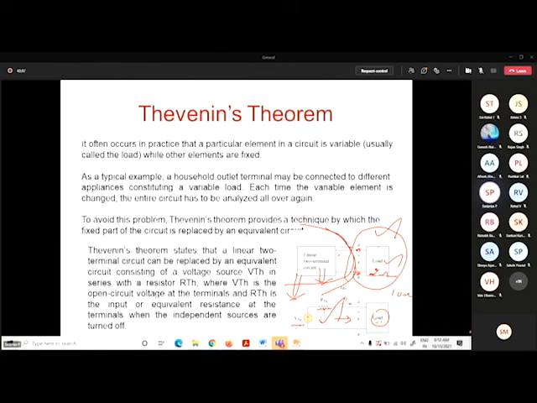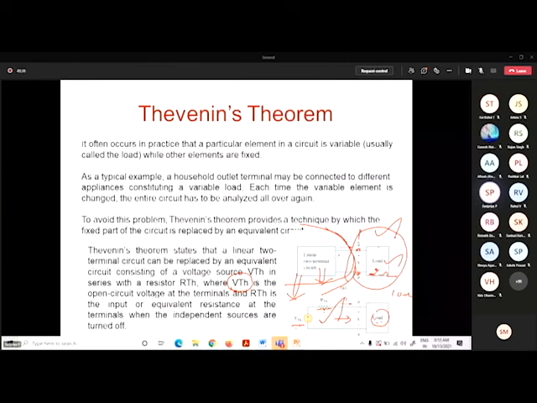This is nothing but Thevenin's theorem. Now, how do I find the Thevenin's equivalent? How do I draw the Thevenin's equivalent circuit? As per Thevenin's theorem, the network can be replaced by an equivalent circuit consisting of VTH and RTH. Now how do I find VTH and RTH? VTH is the Thevenin's voltage, the open circuit voltage at the terminals.